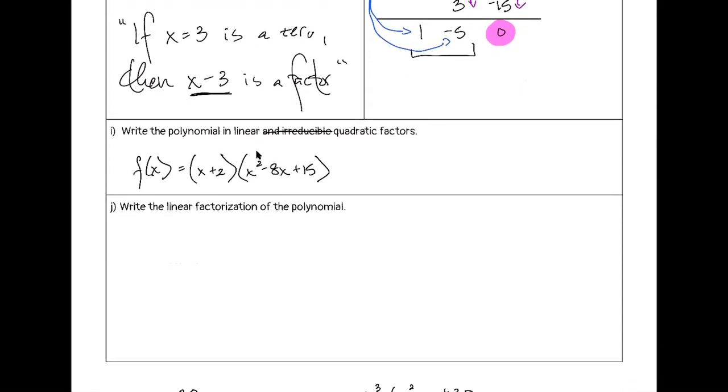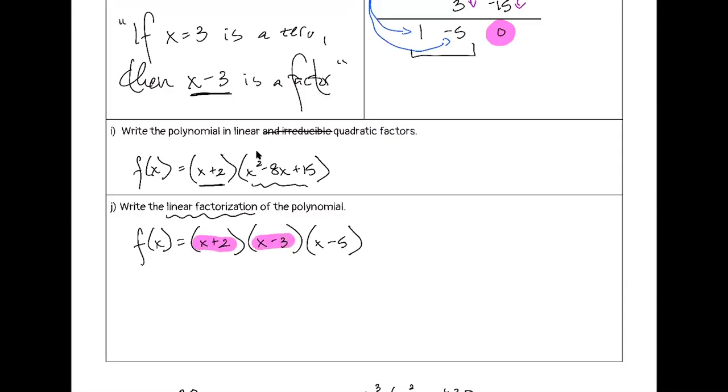Okay? So we have a linear factor and a quadratic factor. Now, if this quadratic factor is factorable, then a linear factorization is just going to be the whole line of all the linear factors, right? All those x plus 2, x minus 3, x minus 5. Okay.